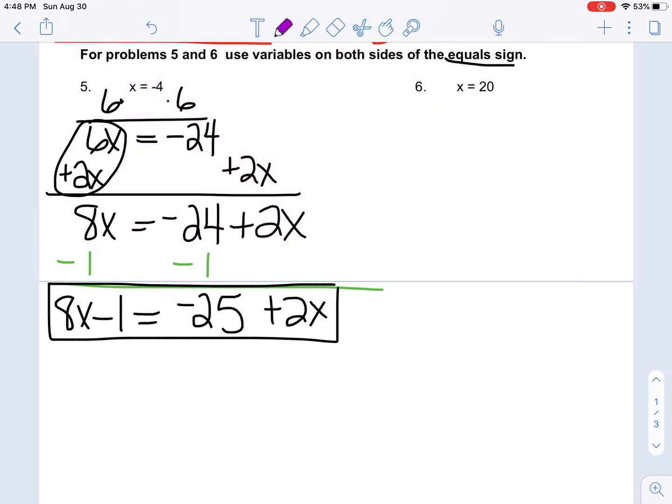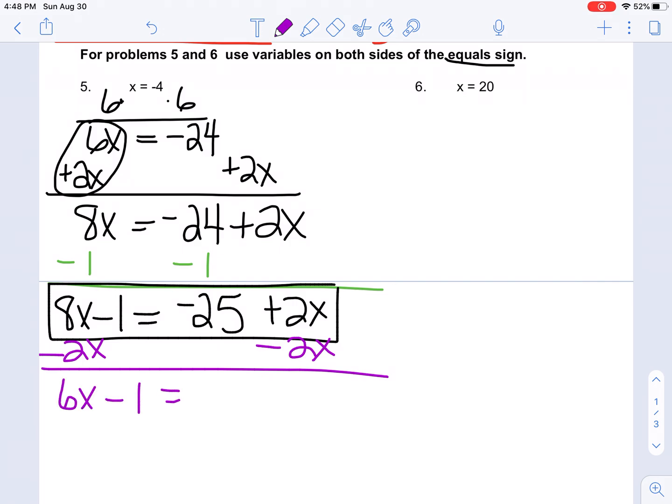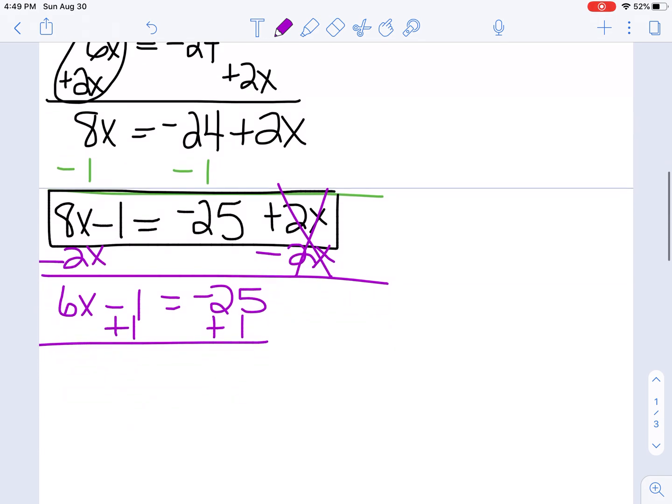If I were to check this, if I were to solve for x, I would take the smaller variable, and I'd get 6x minus 1 equals -25, because that would cancel out. Then I'd add 1 to both sides, and I'd get 6x equals -25 plus 1 is -24.